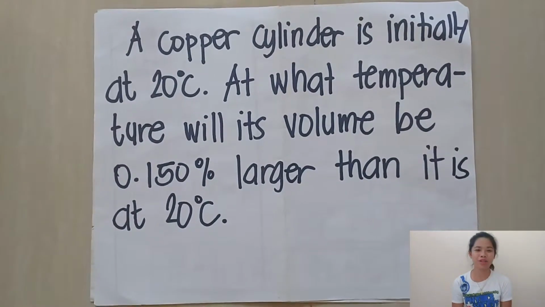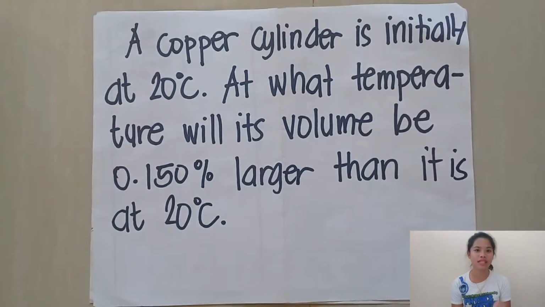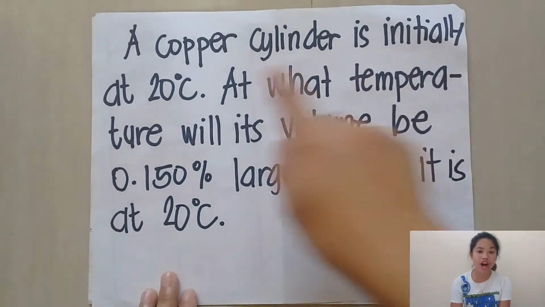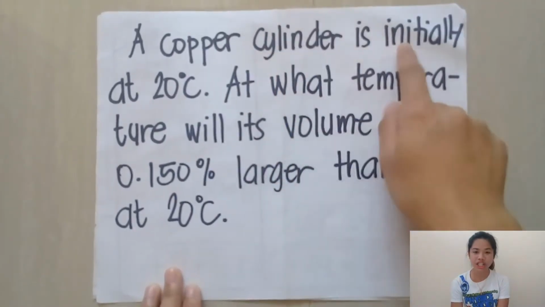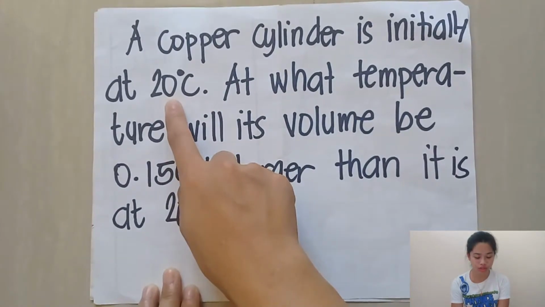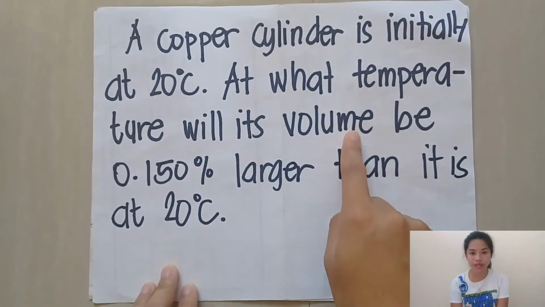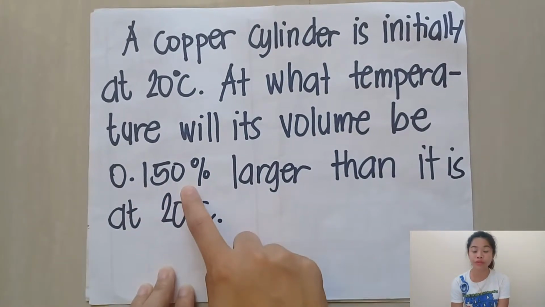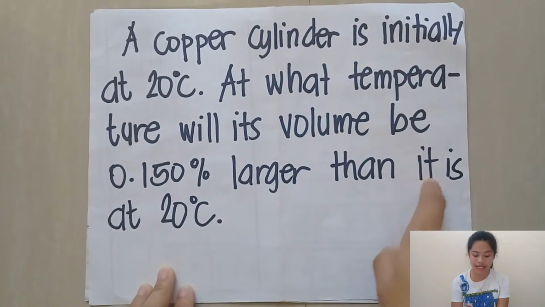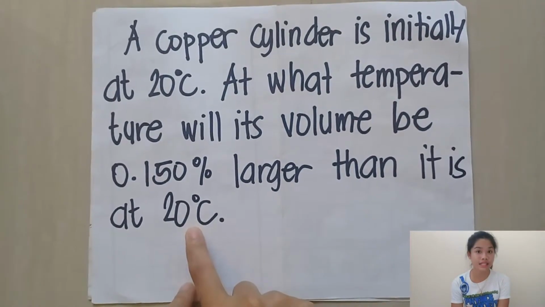Our next example for volume expansion goes like this. A copper cylinder is initially at 20 degrees Celsius. At what temperature will its volume be 0.150% larger than it is at 20 degrees Celsius?